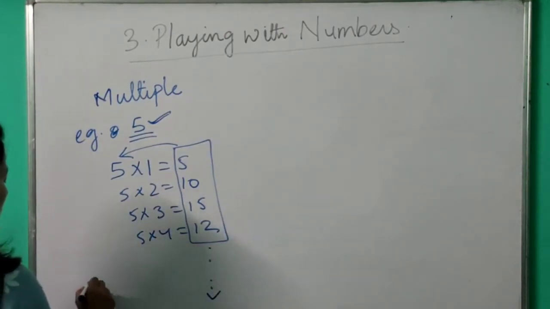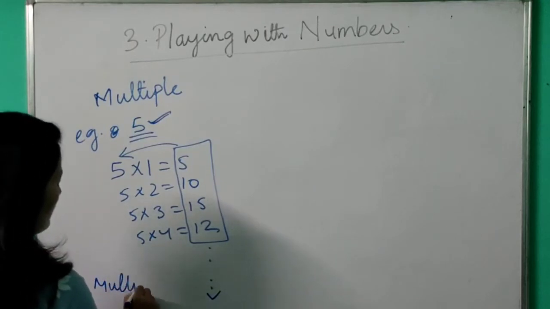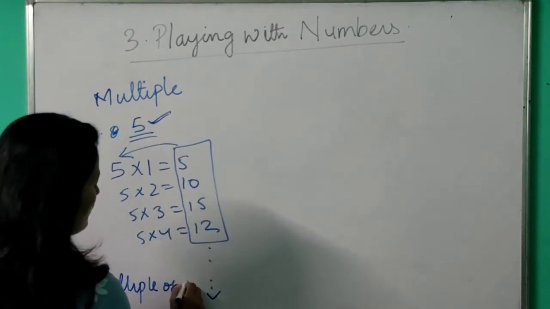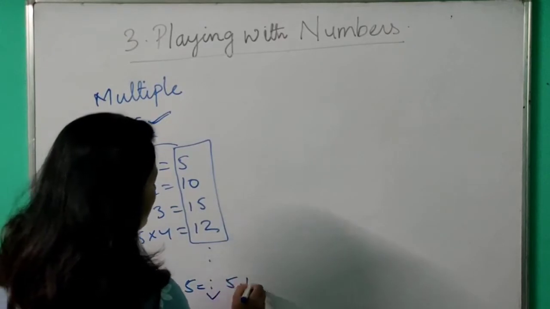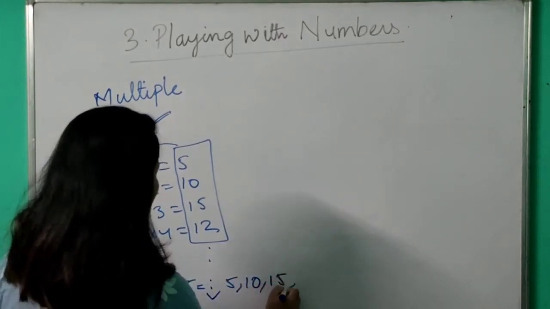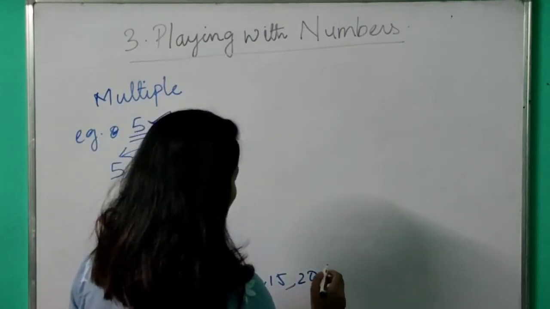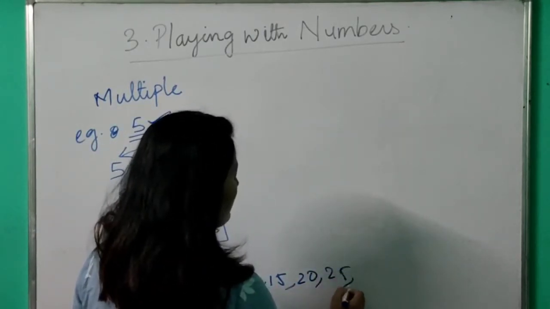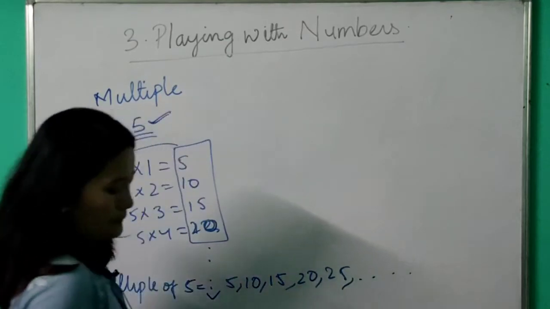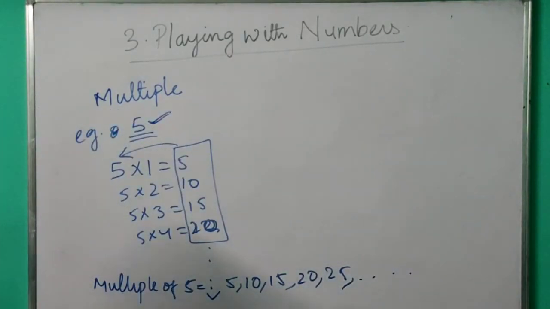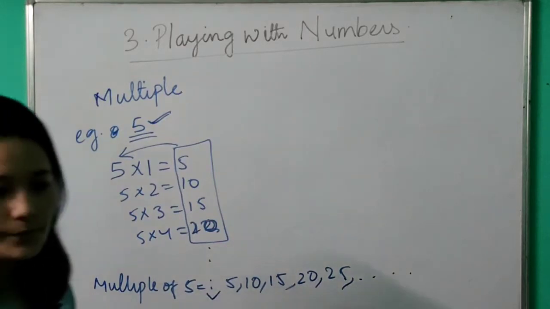Multiples of 5 would be 5, 10, 15, 20, 5 fives are 25 and continue. Okay, so I hope you know how to find the multiple of a particular number.